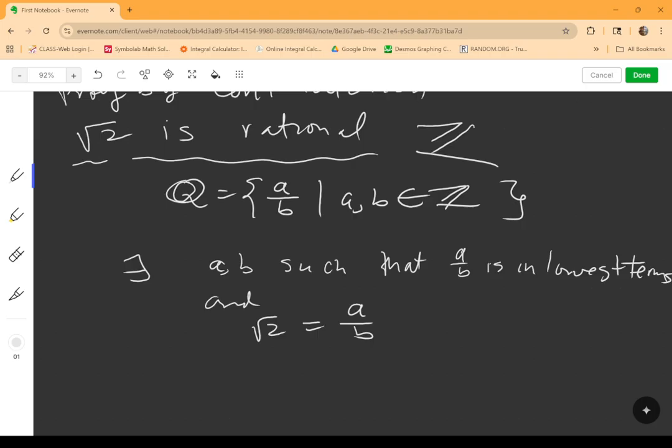So I should be able to write it as a ratio of 2 integers in lowest terms. This should exist if the square root of 2 is rational. So we start from there.